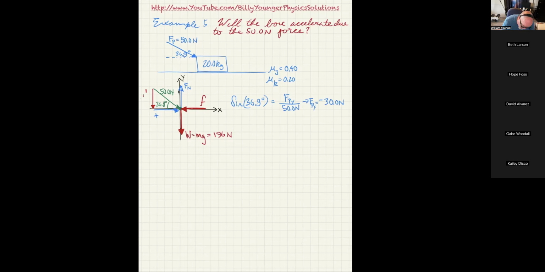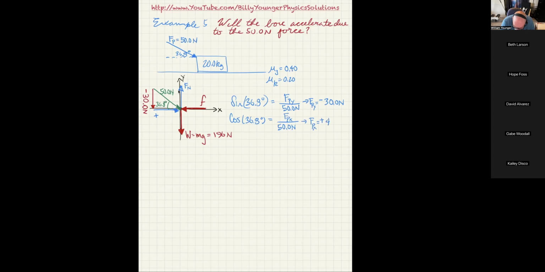Now I'm going to say this is 30.0 newtons like that. And now I'm going to do my cosine function. And of course, this one gives me Fp sub x over 50.0 newtons. That tells me that Fp sub x is actually positive.